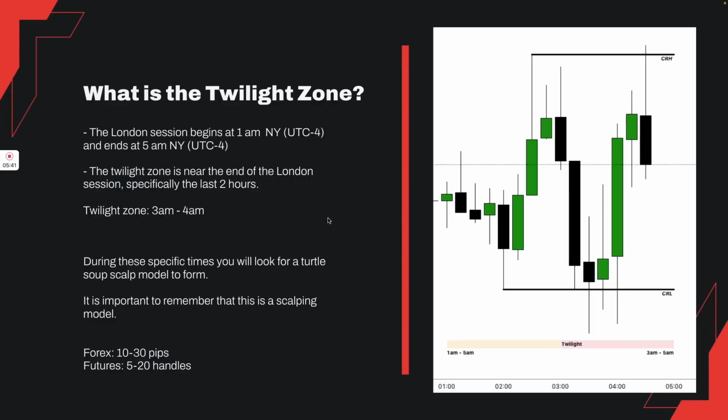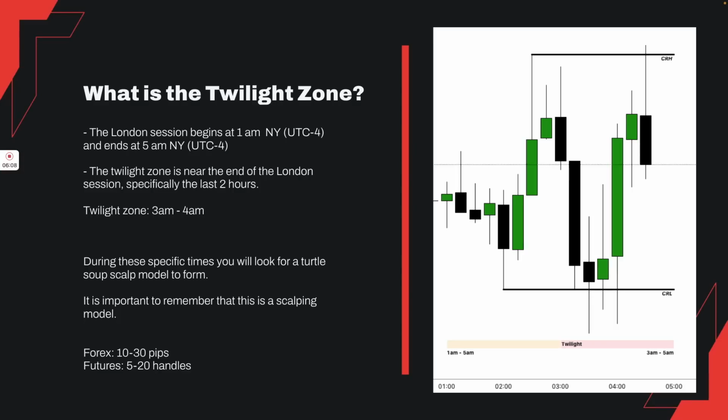Whether you will be executing the turtle soup or an order block or a fair value gap or a breaker, whichever model you would like to enter on, it will be there. And if it isn't, you do not execute. There will always be another London session the next day.